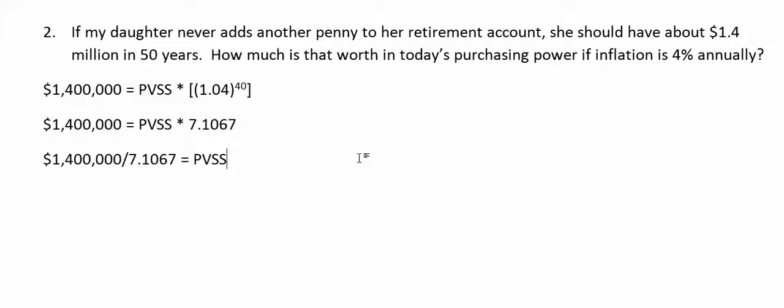Sorry, I was just startled. All right, so 1.4 million divided by 7.1067, I get a very low number, 196,997.